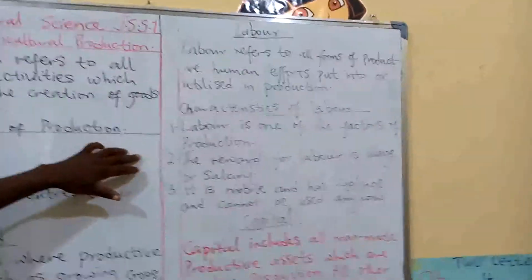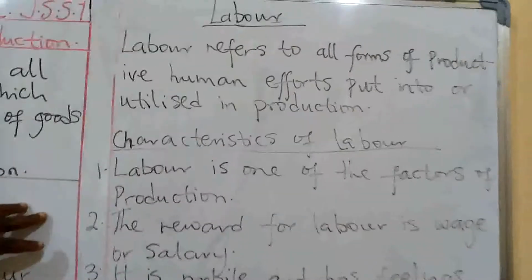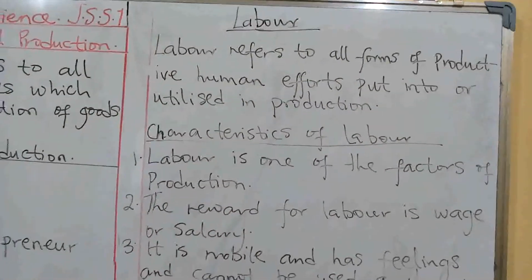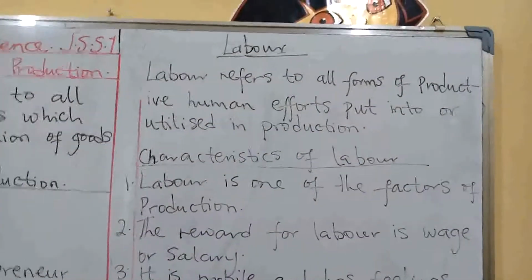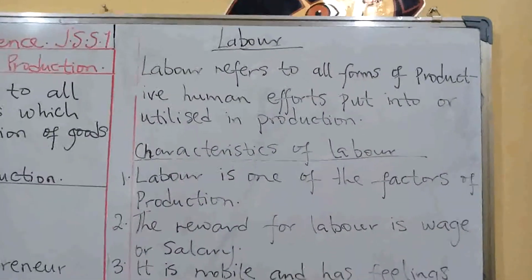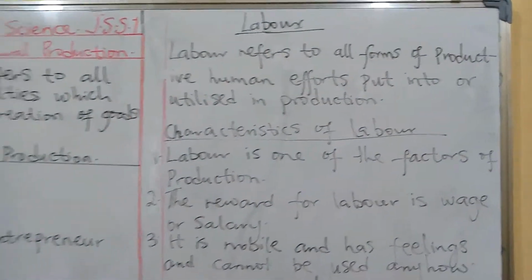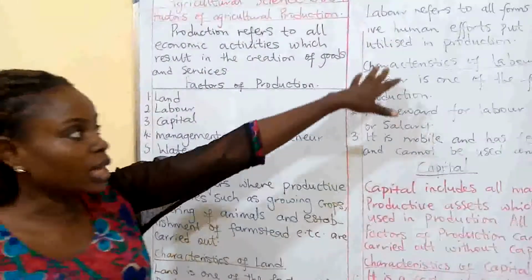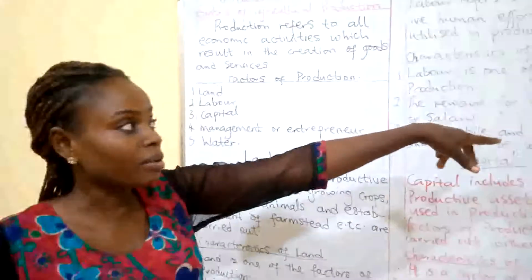The next factor of production we're going to be looking at is labor. Labor refers to all forms of productive human effort put into or utilized in production. I told you that before we can start anything, we need people to work for us, and they fall under labor. Let's talk about characteristics of labor.